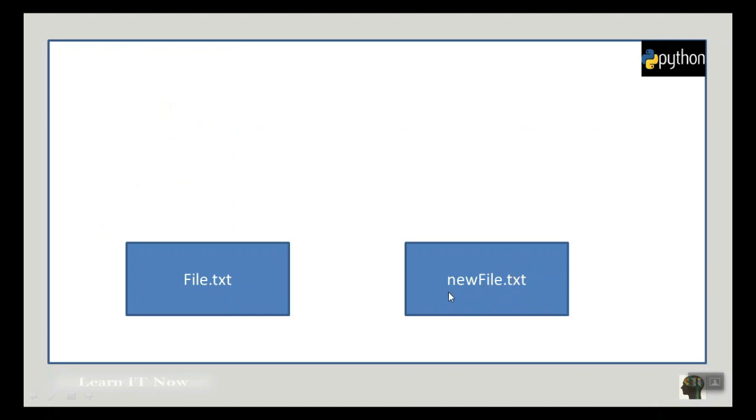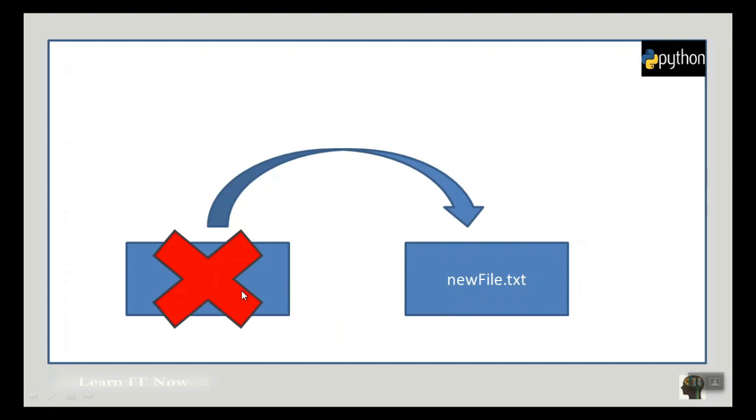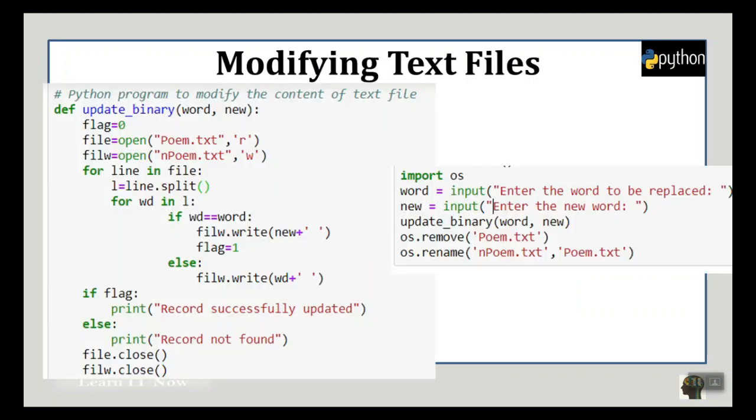"Was" will be written. Once all the contents are written from the file to the new file, your file 1 will be removed from the disk and this new file will be renamed as file.txt. So this is the whole process of modification.